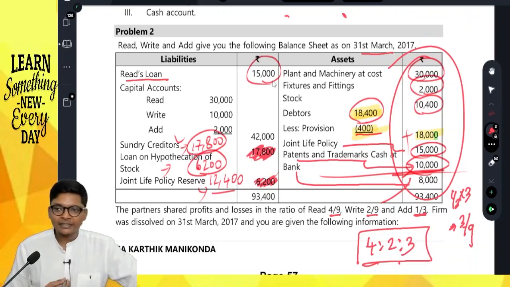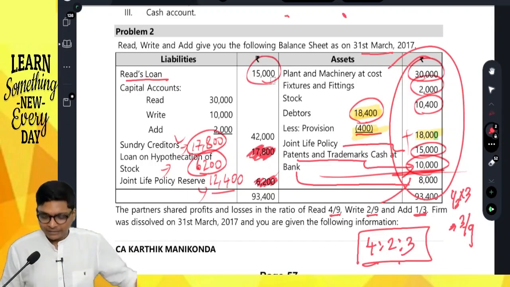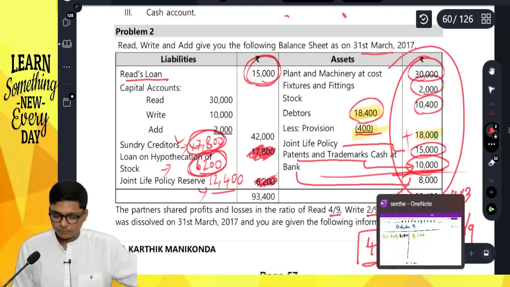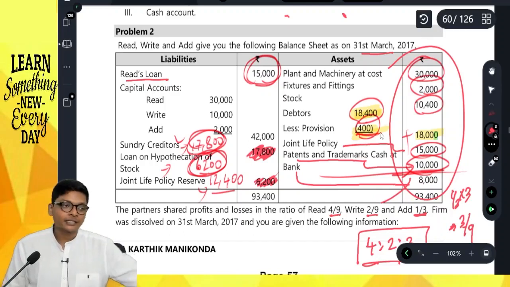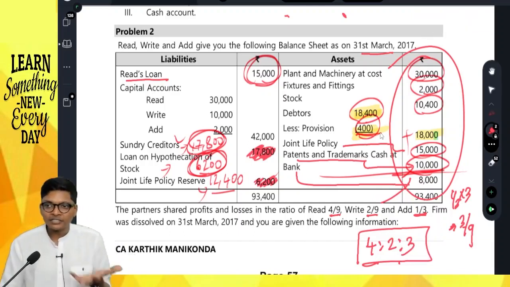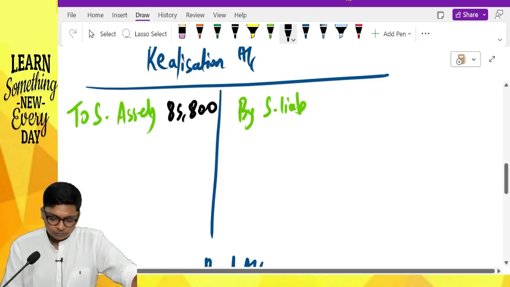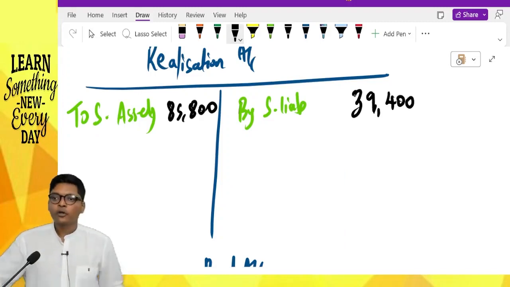Reed's loan, should I take it here in realization account? I will treat it like an external liability. So 15,000 plus 17,800 plus 6,200. How much? Provision also plus 400. You should not forget that, because if you forget that, then balance sheet will be hanging. So 15,000 plus 17,800 plus 6,200 plus 400. 30. Able to follow, guys?